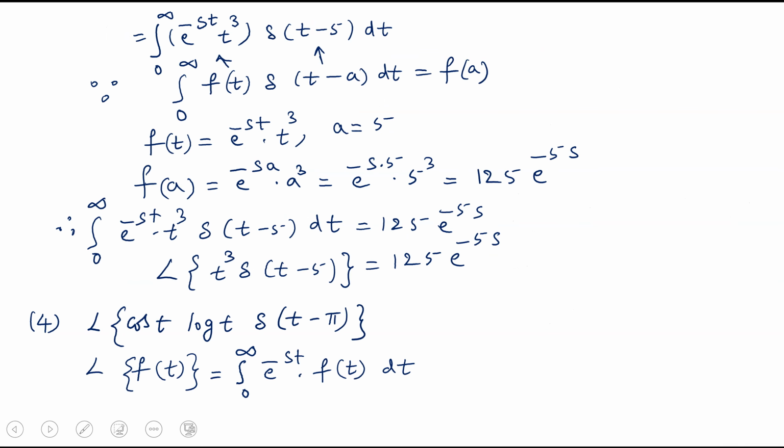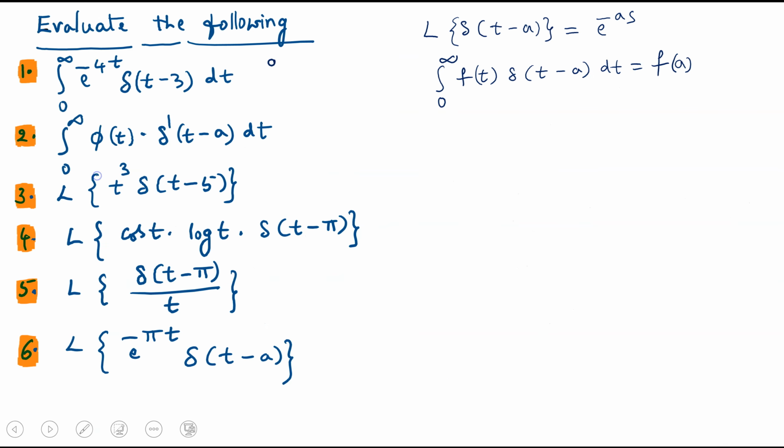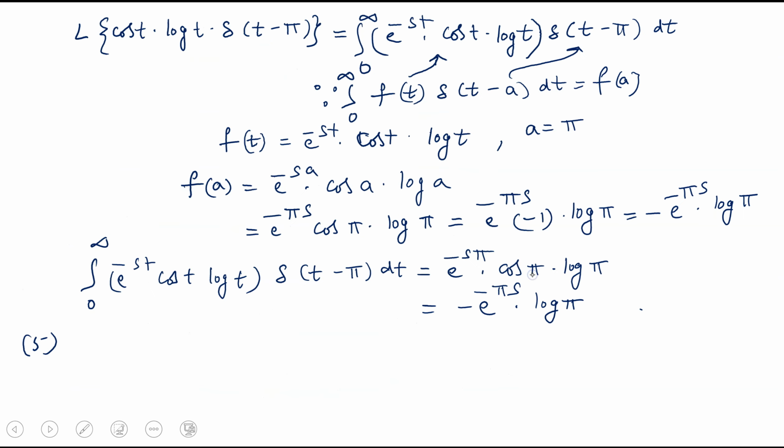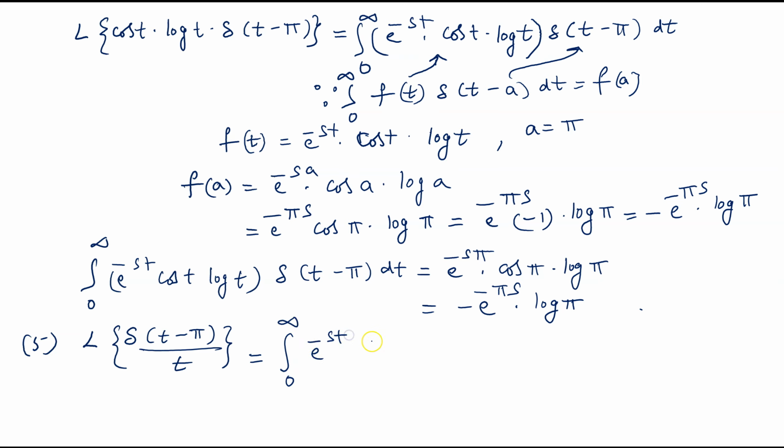The fifth question is: find Laplace transform of delta of t minus pi upon t. So as usual, this is equal to integral 0 to infinity e power minus st into delta of t minus pi by t dt, according to the basic definition of Laplace transform.